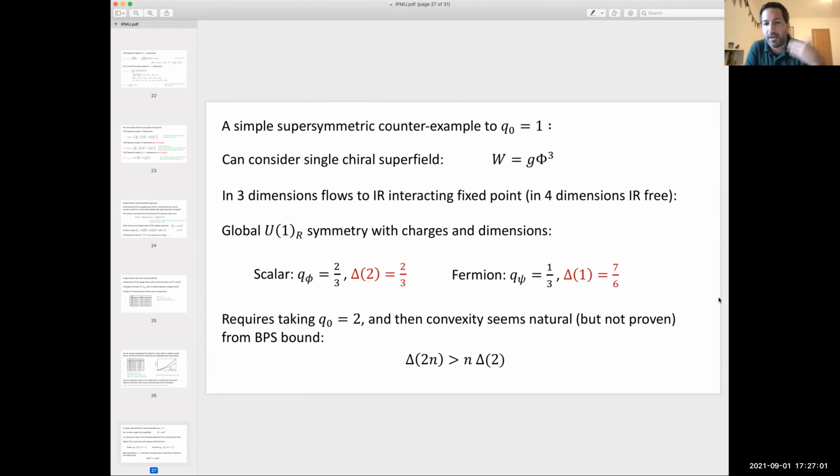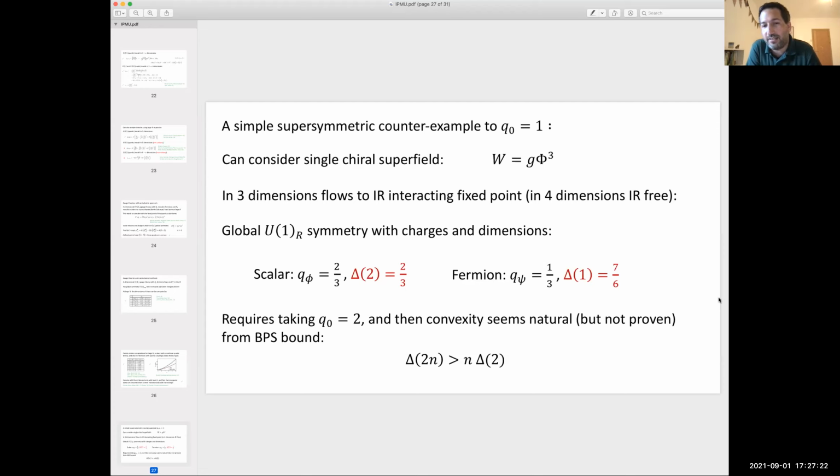If we normalize it, that would be charge 1 by multiplying it by 3. But the dimension of the fermion is 7/6, since the scalar plus 2 fermions should give you dimension 3. That means that the dimension of the charge 1 operator is 7/6.